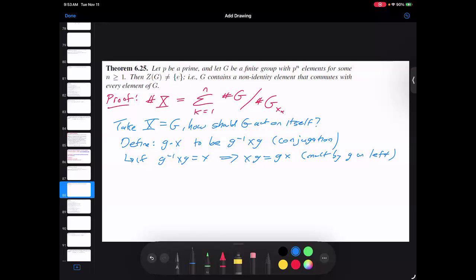So you can see that maybe this is going to be related to which elements commute with x. If x commutes with g, then g inverse x g is just x. So what is the stabilizer of x going to be? If I give you an x, what would the stabilizer represent?